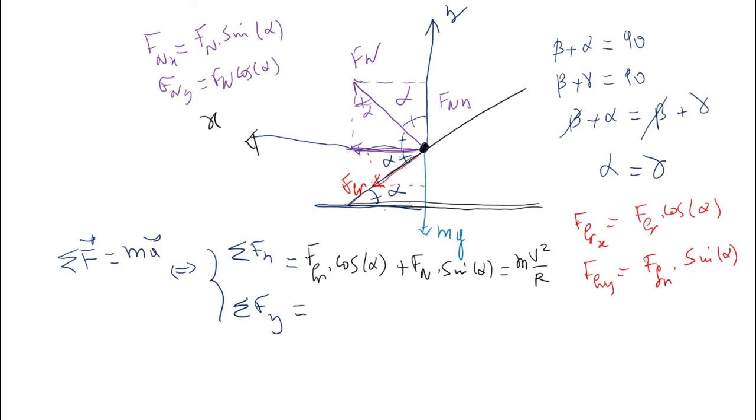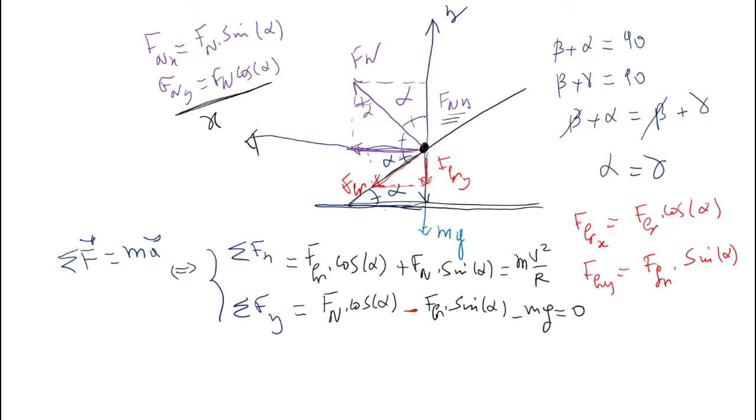The normal force in the y direction, Fny, is Fn cosine of alpha, minus friction force sine of alpha, because the friction force on y is downward. This is where we put negative. And mg is also downward, so it will be minus mg.